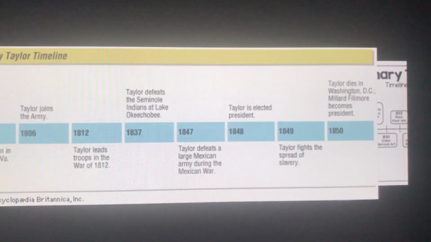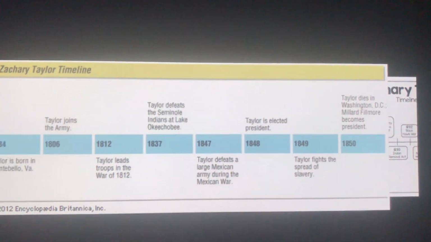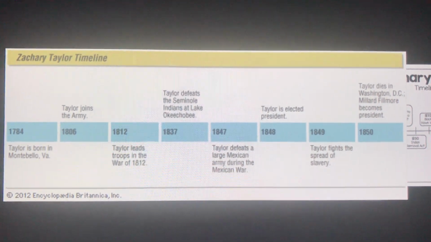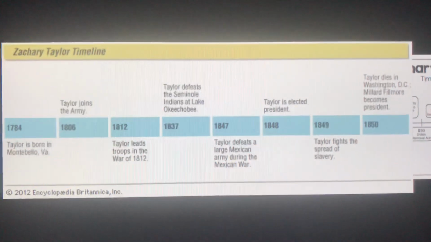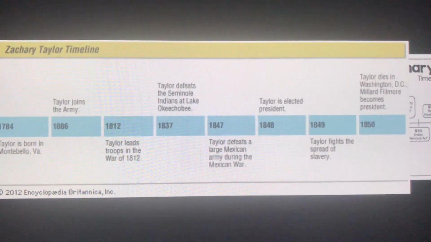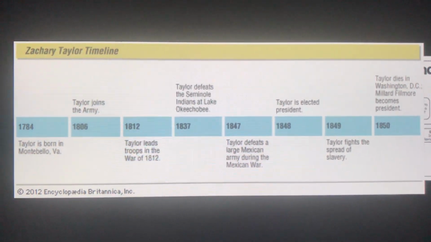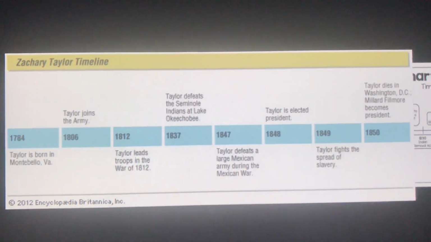Well, luckily he became a senior before he died, so that was good for him. He just turned 65 in late 1849, just before he died.